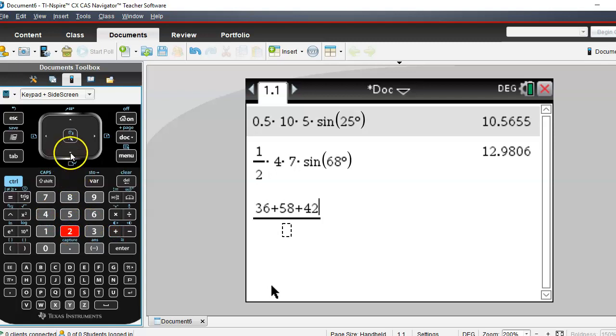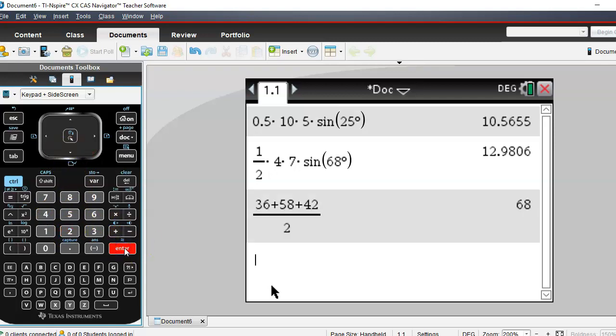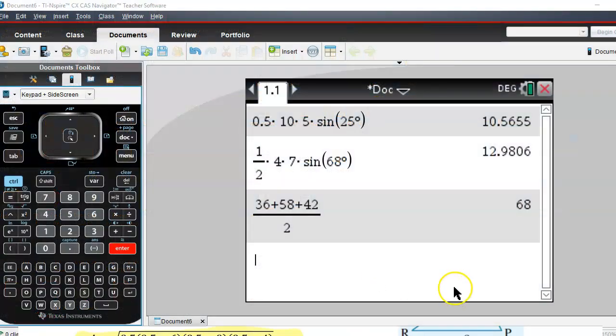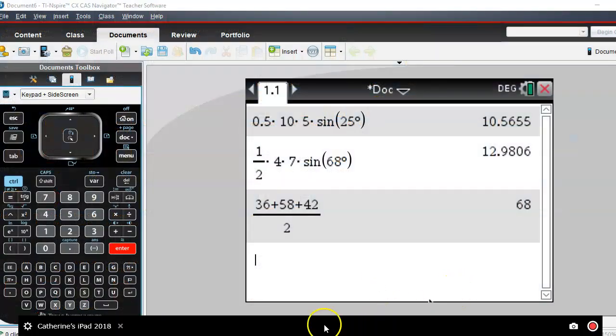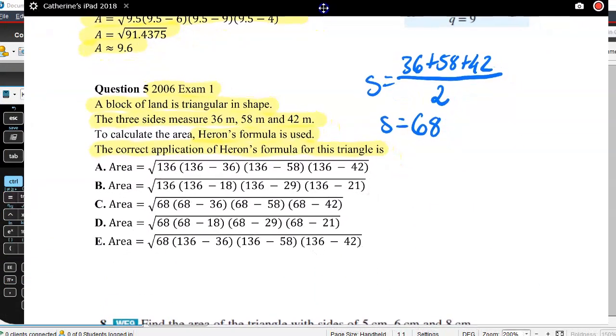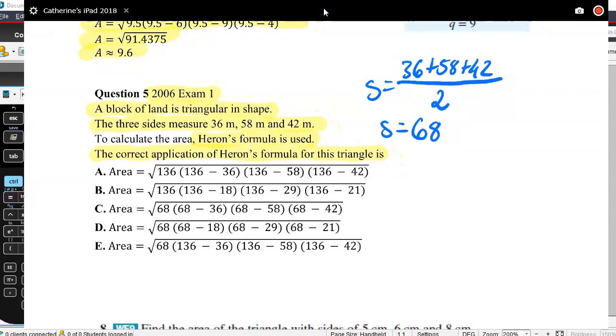Now notice that most of the time I write things down as well as doing them in the calculator. That's so I can double check things. And also if this was a question in a test or an extended response question, you might need to be showing your thinking. Okay, so we figured out that S is 68.